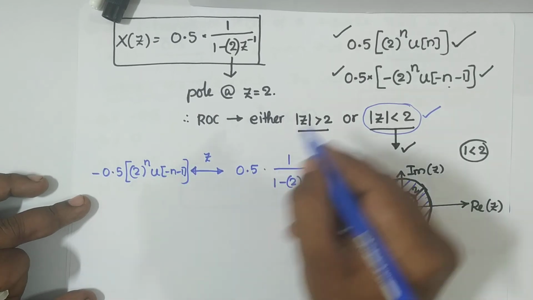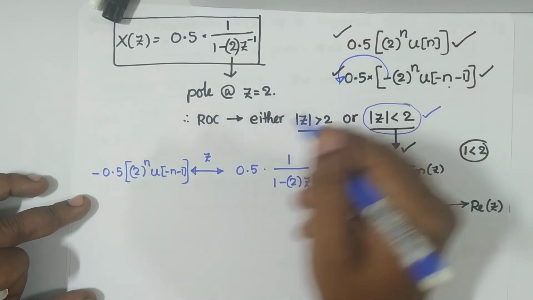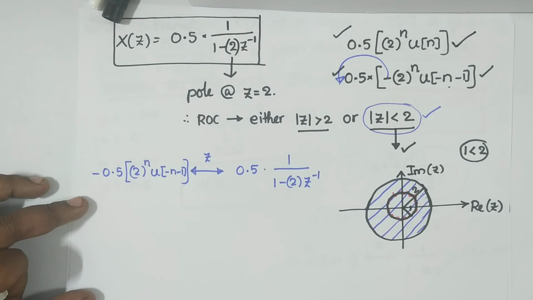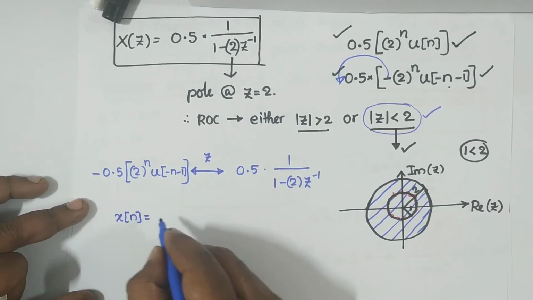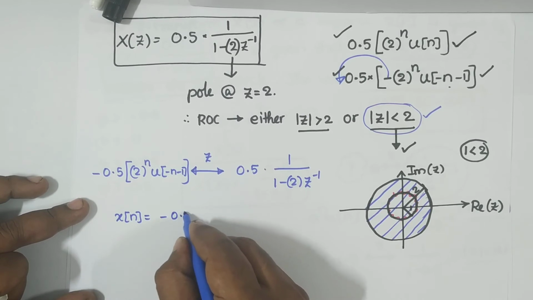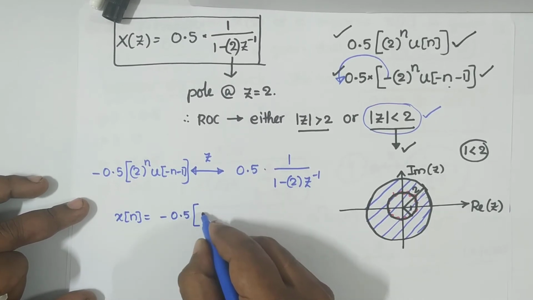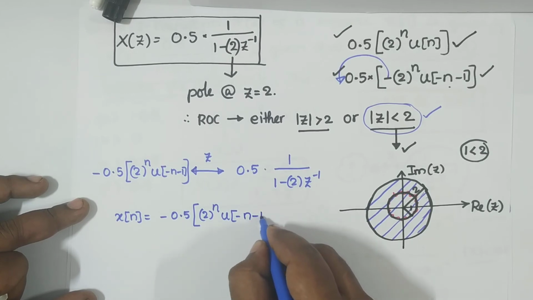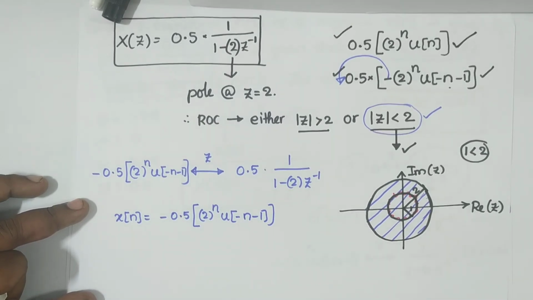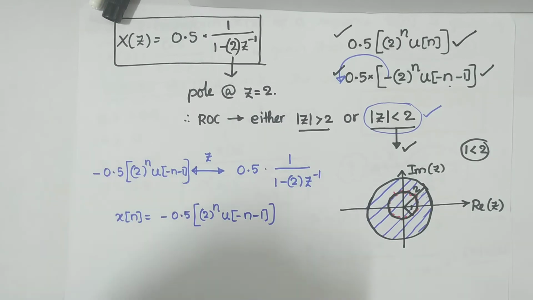We brought this negative sign here, and that's it. This is your signal in time domain. So our time domain signal is an anti-causal sequence. So this is 2^n u[-n-1].